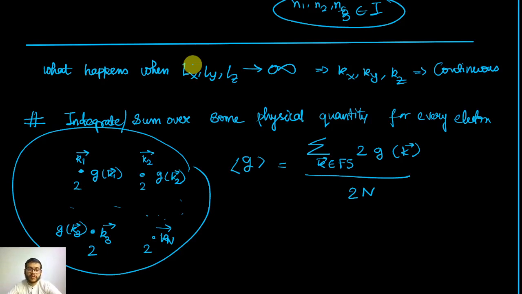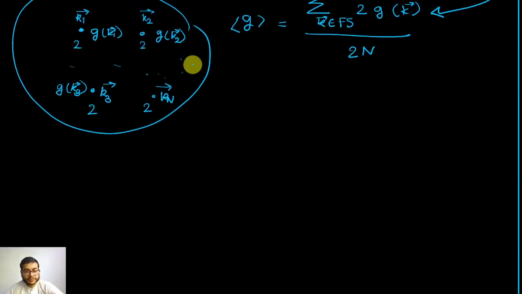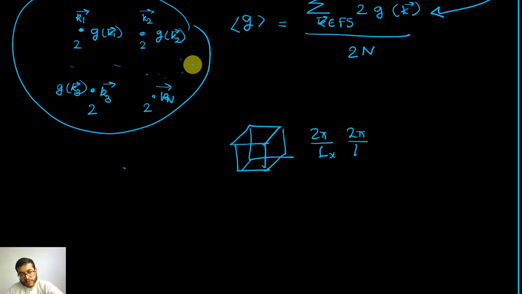But we need a mathematically easier way to calculate this. And we know that if we have this assumption where kx, ky, and kz are becoming almost continuous, then we can say that for a continuous system, the box created by kx, ky, kz will have a volume of 2 pi by Lx, 2 pi by Ly, 2 pi by Lz.